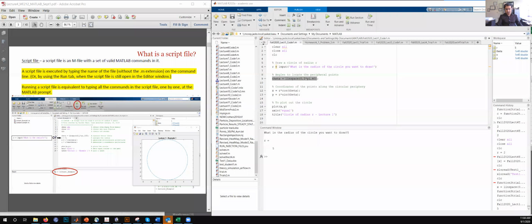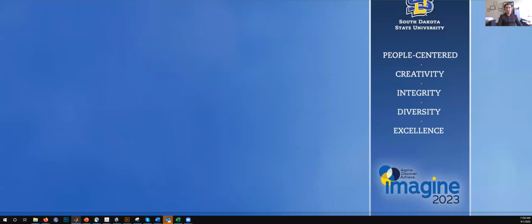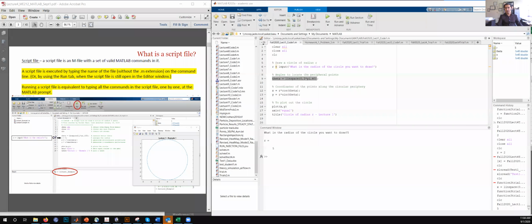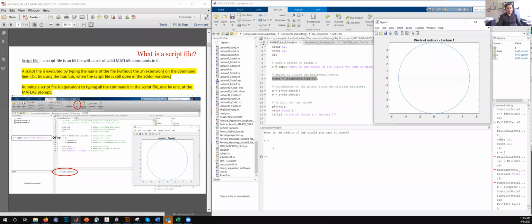I have issues with moving from one screen to another because typically the MATLAB sub window for the graph is going to show up on the different screen. Okay, let me bring it over here. Yeah, so it's going to show up in a different window.